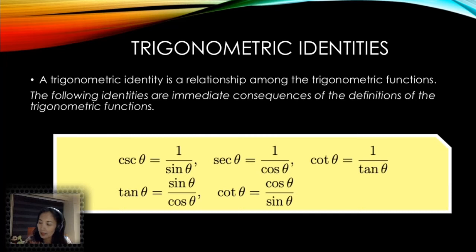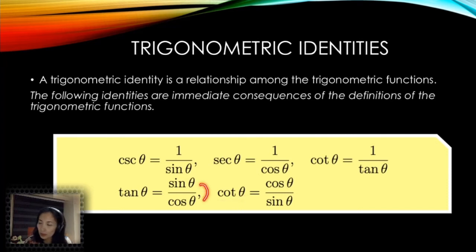And you know also that tangent theta is the ratio of sine to cosine. So tangent theta is equal to sine theta over cosine theta. And cotangent theta, since tangent and cotangent are inverses of each other, then you simply have to swap the places of the numerator and denominator.